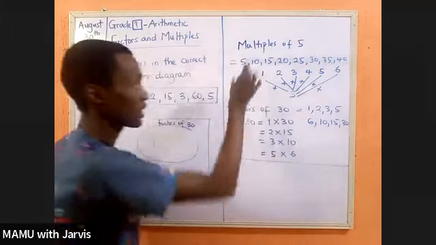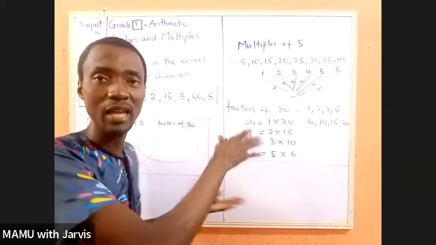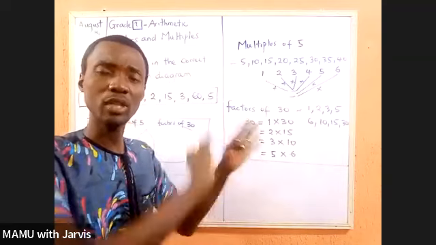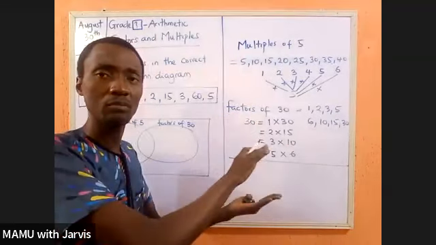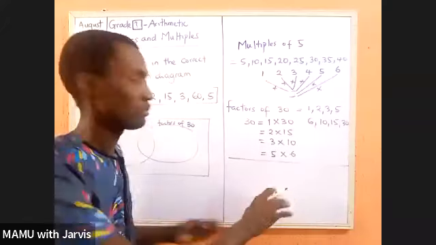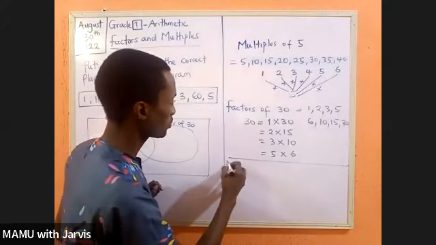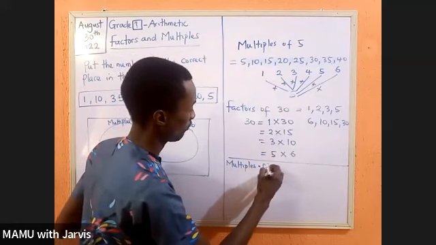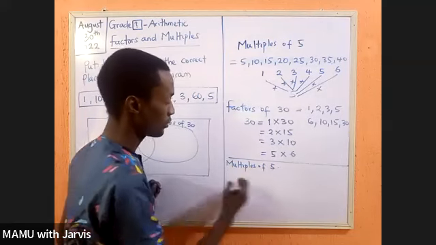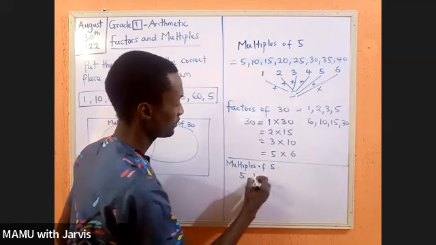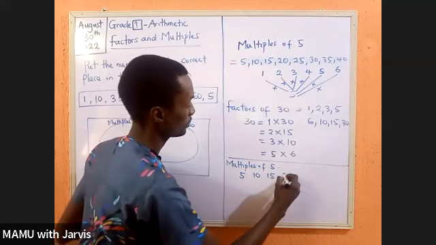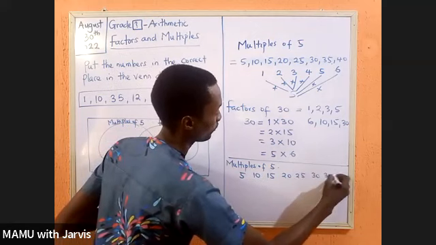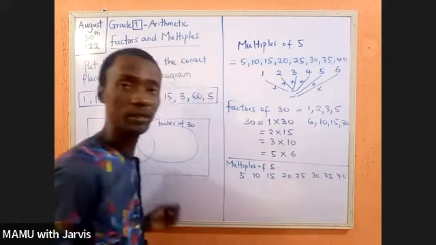So with this done, I'm going to come to this part of my board. I'm going to give a summary of what I've done. I'm taking time to solve this because this is where it becomes very tricky. You can do them randomly, but I want to take out time to give you them in detail. So I'll look at multiples of 5, and I'm going to have 5, 10, 15, 20, 25, 30, 35, and I just decided to stop at 40.